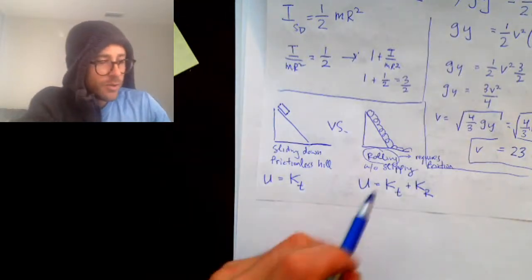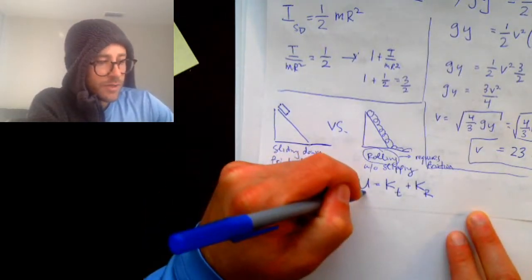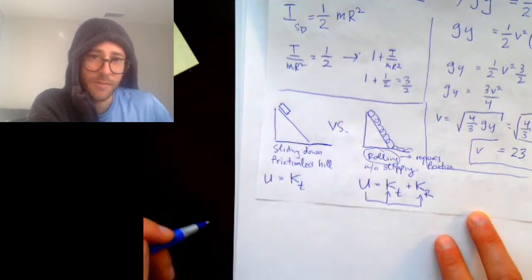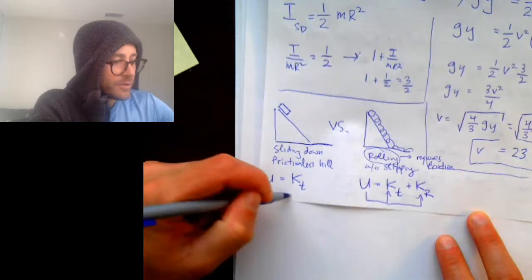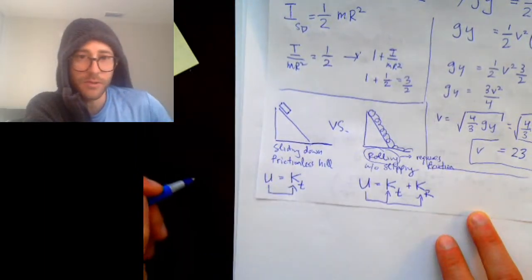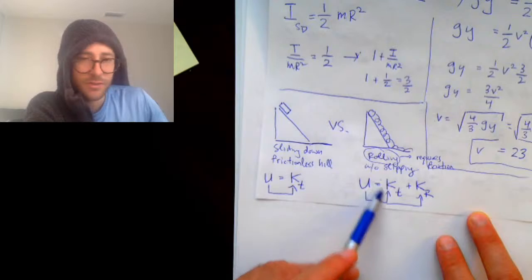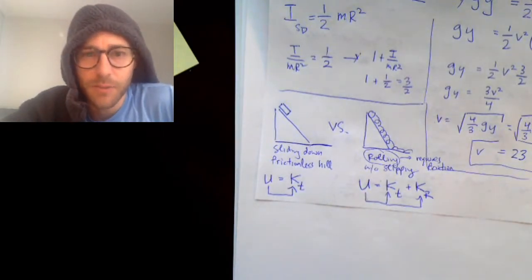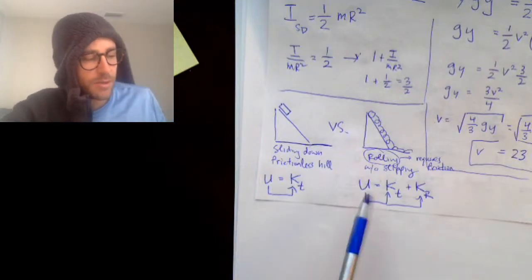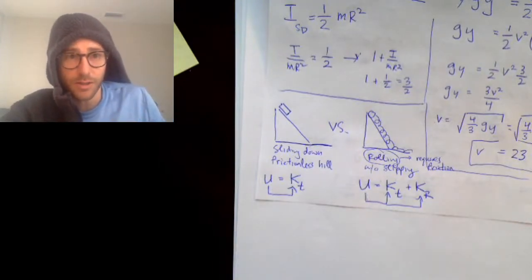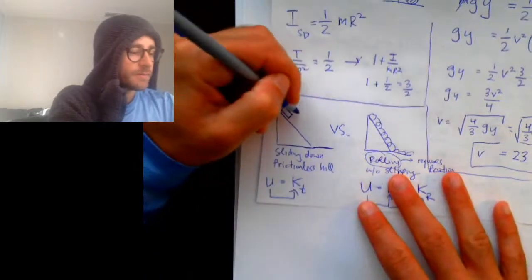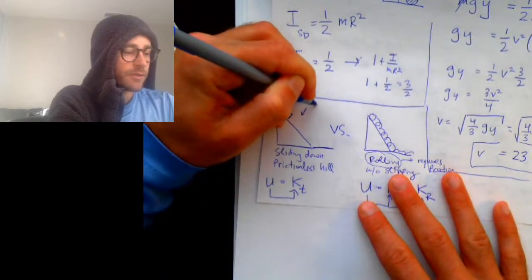So your potential energy is being split and going into two different places. Here, the potential energy is only going to one place. So you're going to have less translational kinetic energy if you're rolling, because some of that potential energy is going into rotational kinetic energy. So this one is going to be faster.